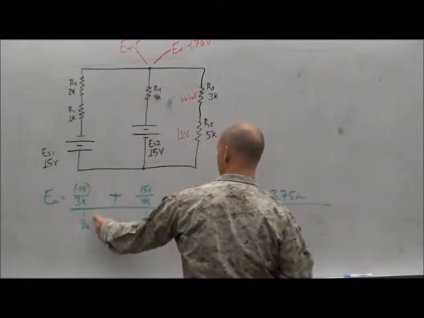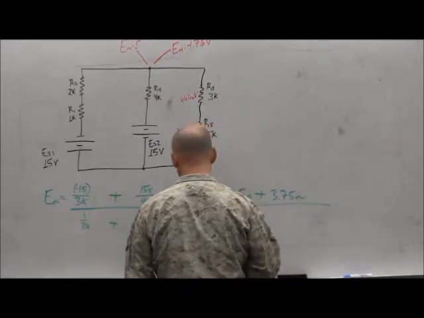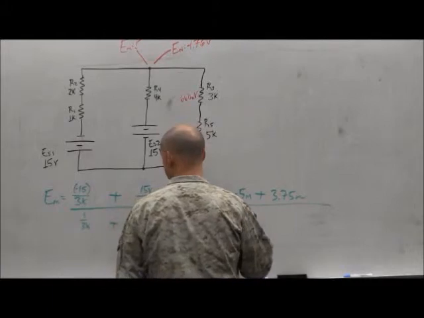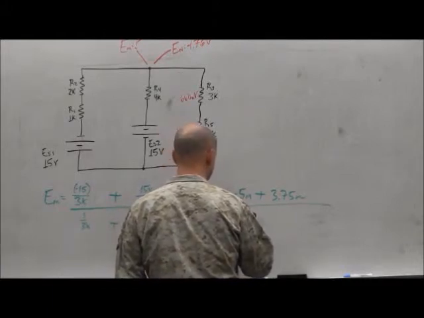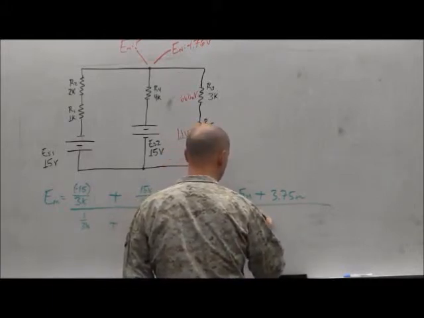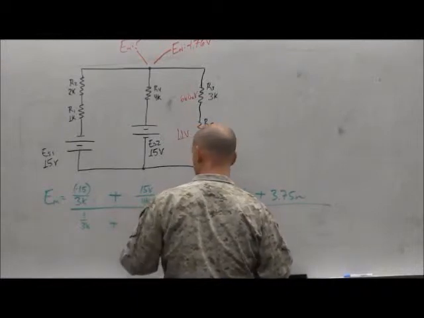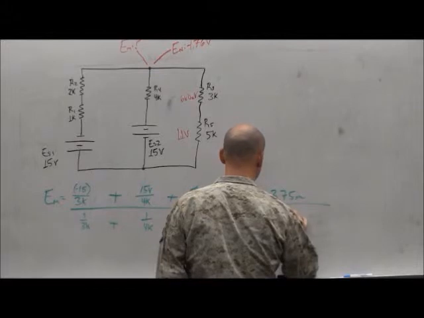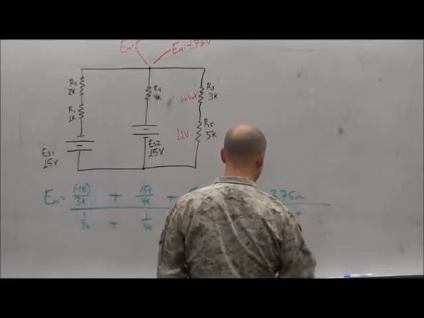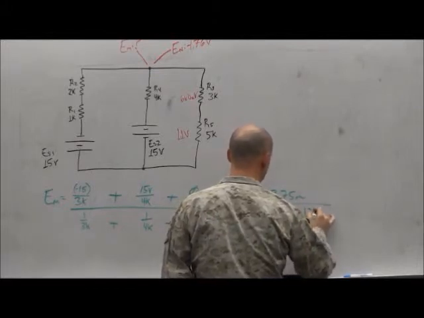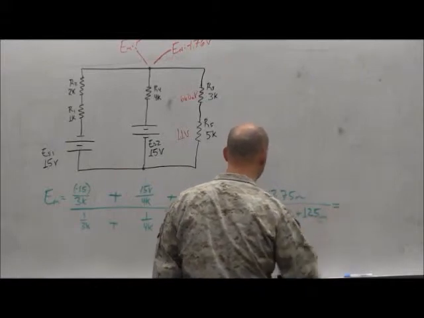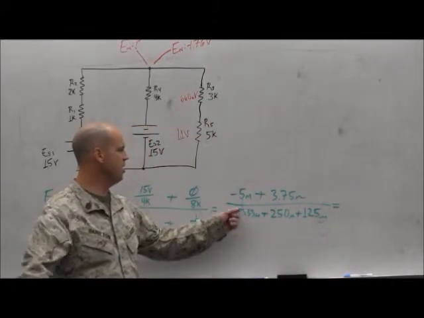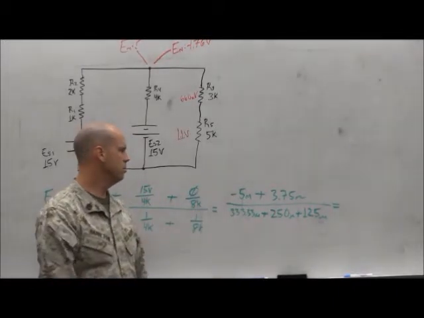All of that over 1 over 3K plus 1 over 4K plus 1 over 8K. All right, let's add them up. This side do the denominator, this side do the numerator.